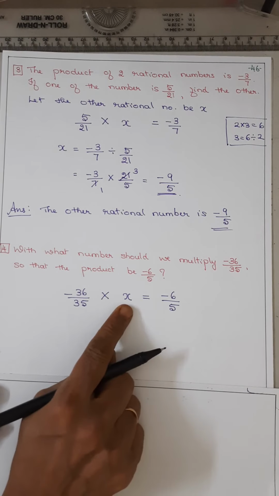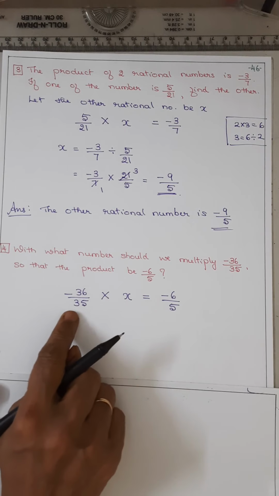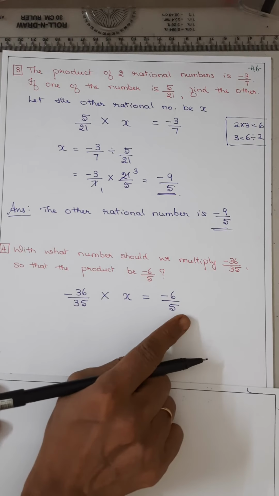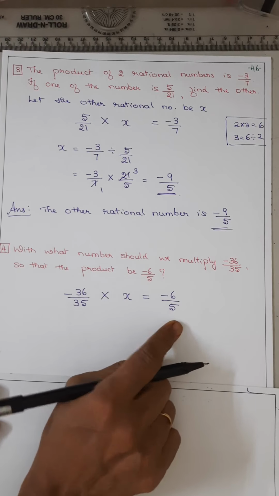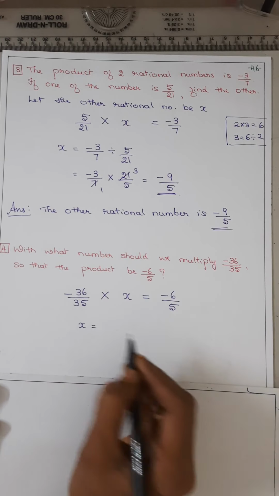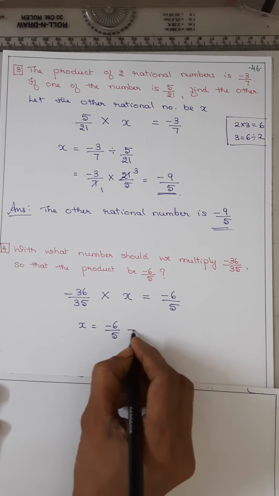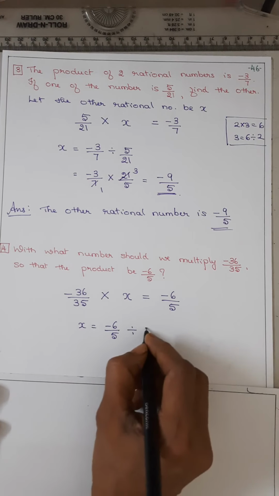Here also we want the second number. So the second number is equal to the third number divided by the first number.